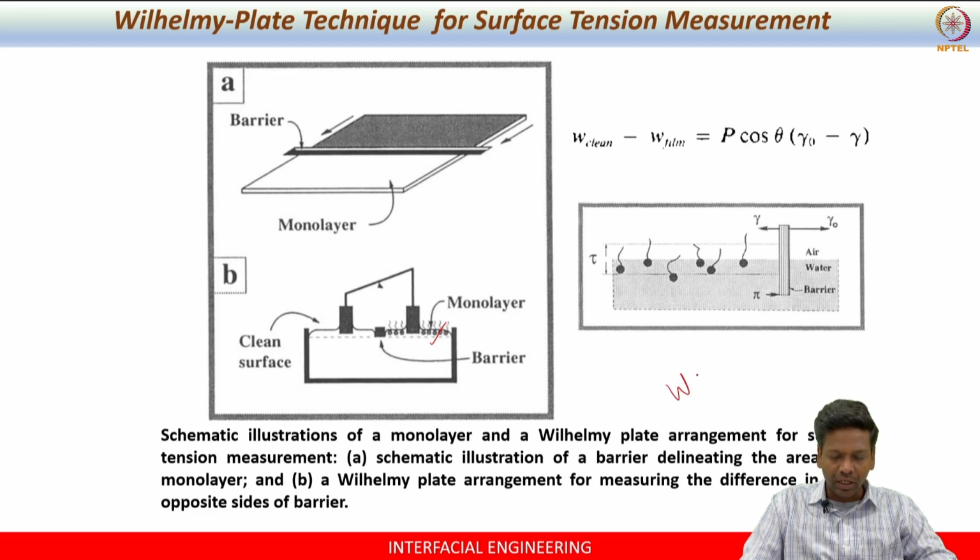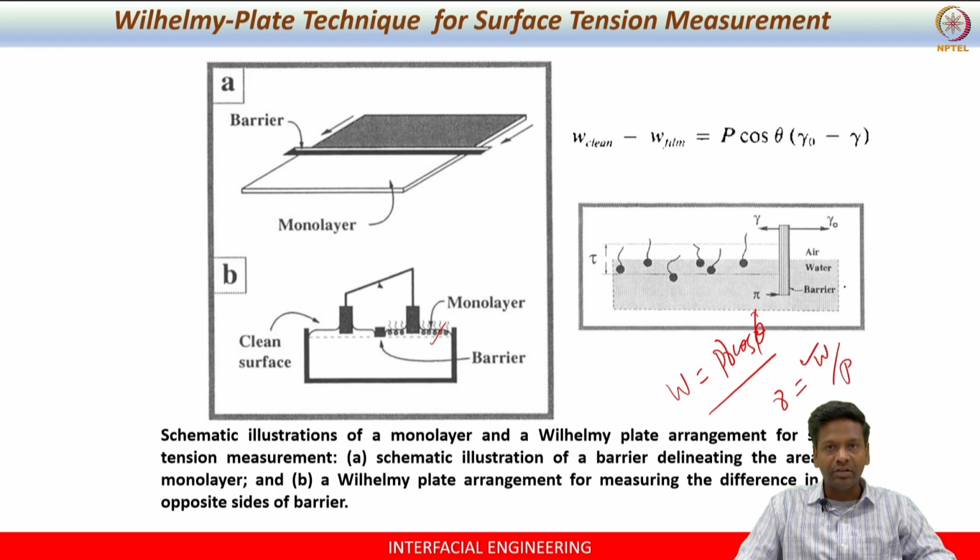Once you know that, it is easy to calculate the surface tension using the formula that we have already seen. So you can calculate gamma, because the Wilhelmy plate is usually made of some special alloyed material. So theta is usually negligible, which means that cos theta will always be 1. So you can easily measure gamma as W by P itself.